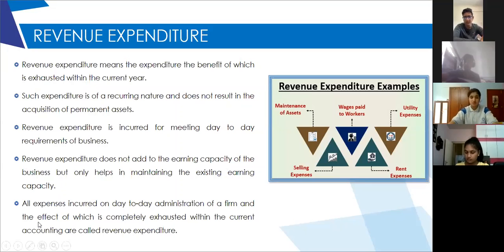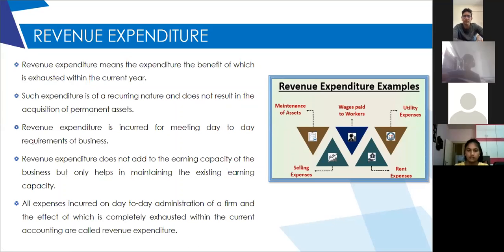So all expenses incurred on day-to-day administration of a firm and the effect of it is completely exhausted within the current accounting year come under revenue expenditures. So those expenses, please underline the definition properly.